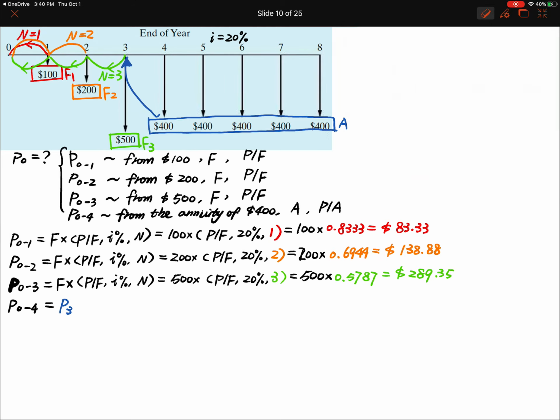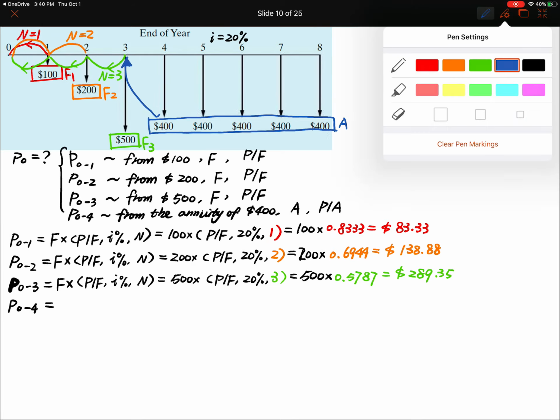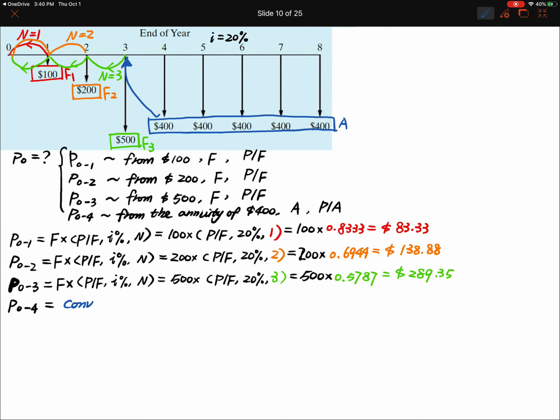So the first thing is you find P3, or you convert the annuity to the equivalent value at the end of year 3, and that value could be called P3 because compared to year 4 it's a previous time, so it's P3, okay?